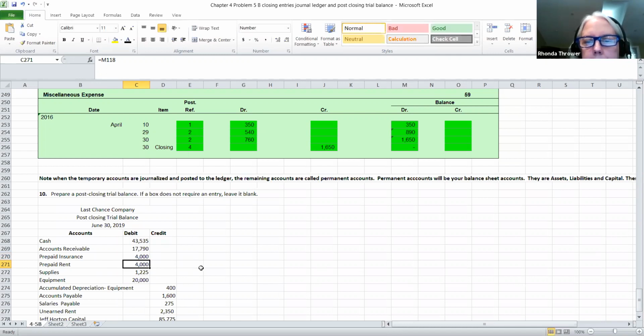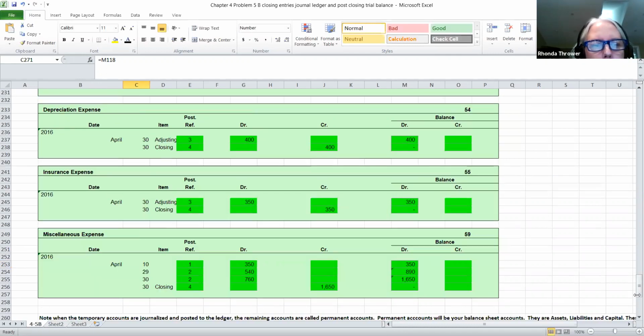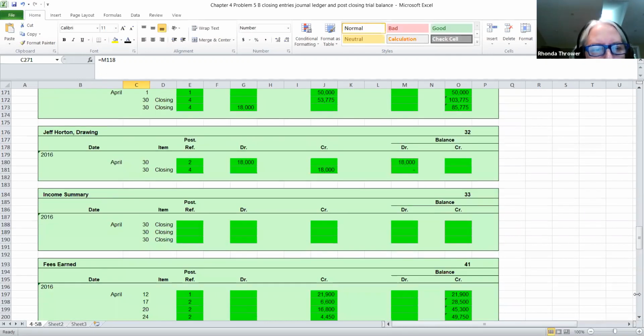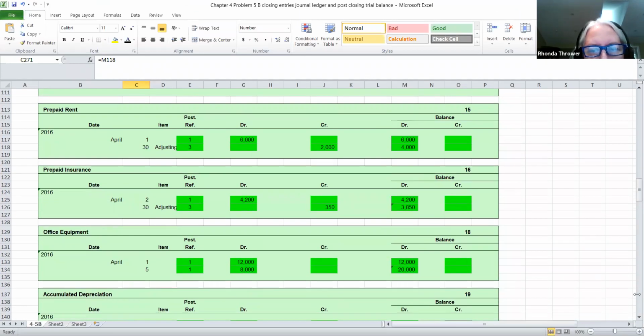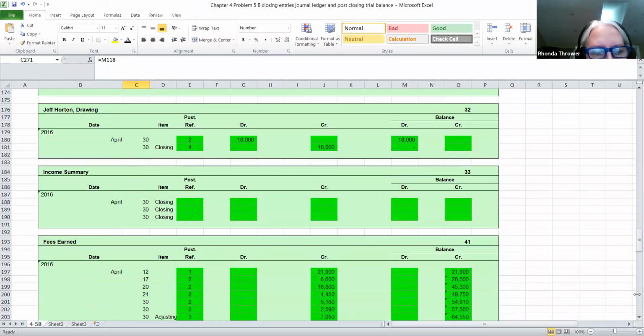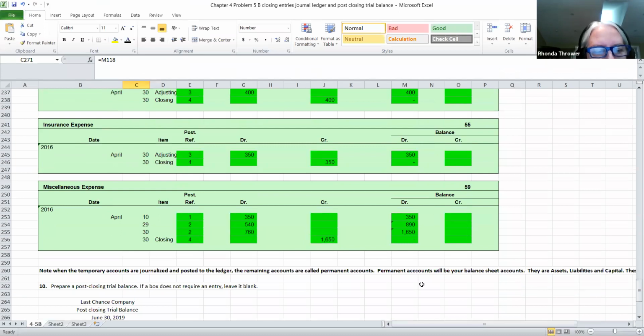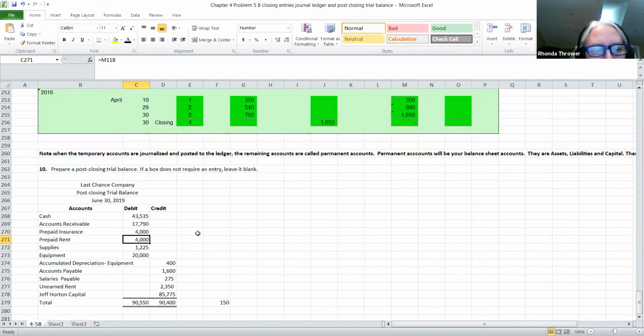And so that's what my mistake would have been. So I'm going to go back and look at prepaid rent first. Prepaid rent is $4,000, so that's correct. So my prepaid insurance is not correct.